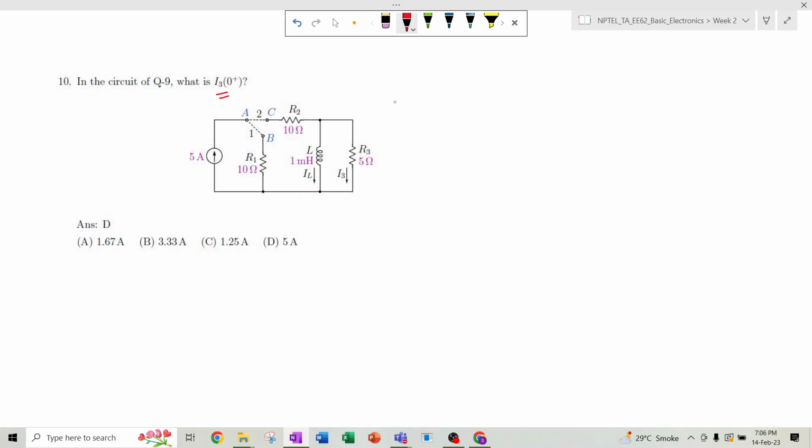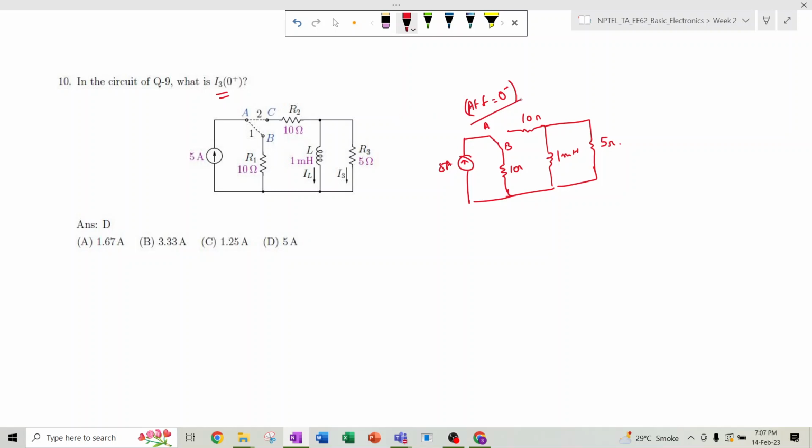Okay, so at t equal to 0 minus, it is the 5 ampere, and A and B is connected, and here we have 10 ohm, here we have 10 ohm and 1 millihenry, and it has 5 ohm.